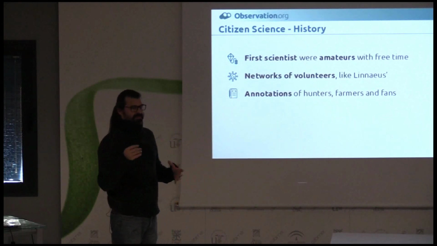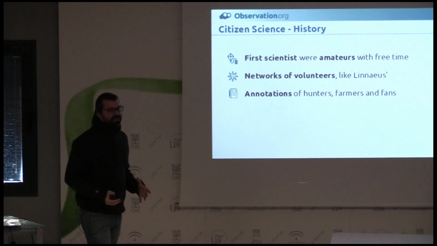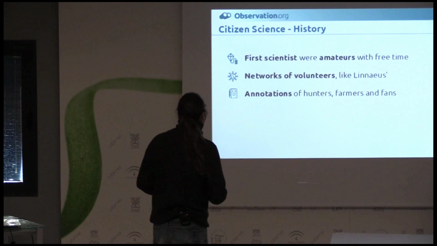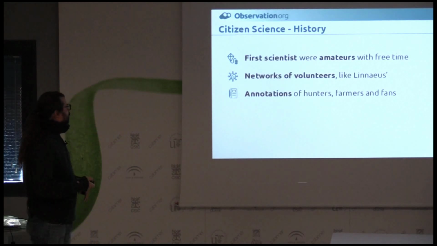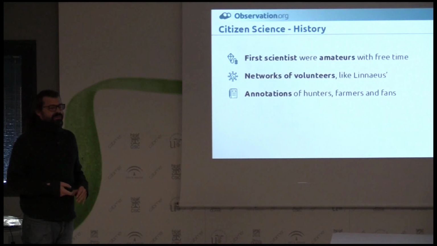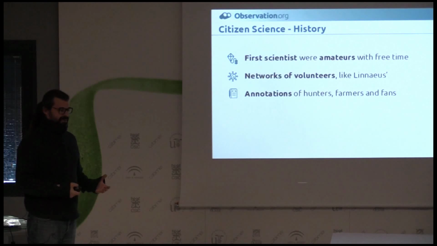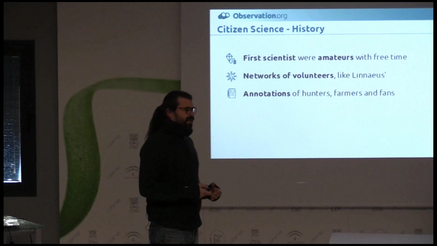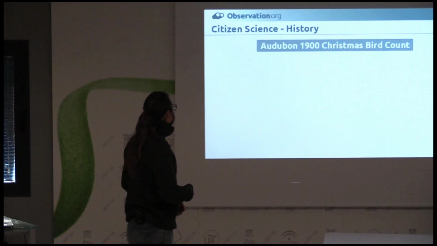So the very beginning of this collaboration between citizens and science was a long time ago. There are a lot of projects nowadays using old data that are getting very good results.